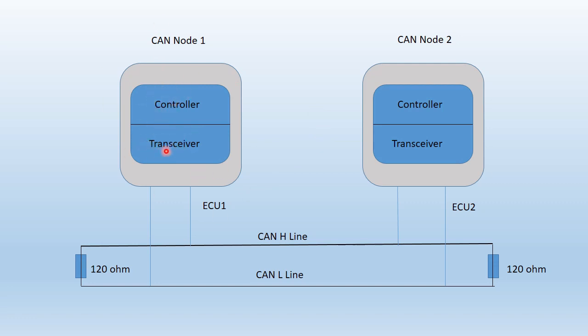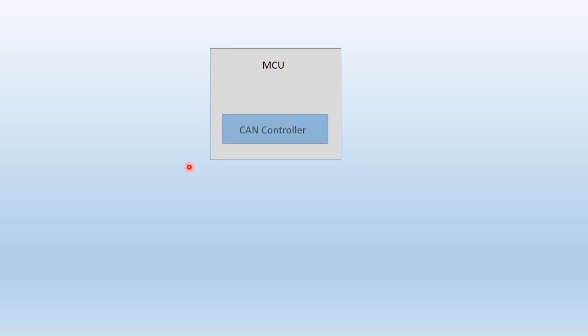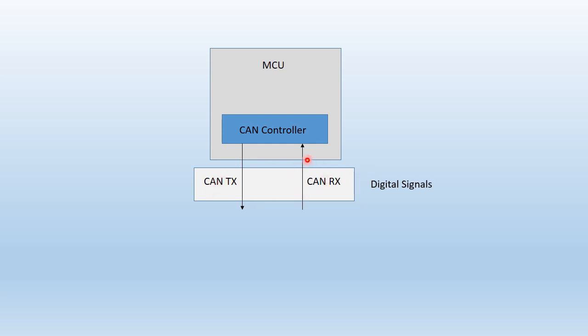So you have a microcontroller, and the microcontroller should have a CAN peripheral, also called a CAN controller, and the CAN controller gives you two pins. One is CAN TX and another one is CAN RX. These are also called single-ended pins, and with these single-ended pins you cannot communicate, so we have to convert them to differential signals.